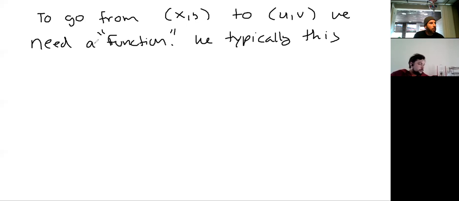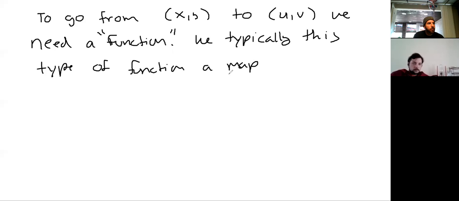So we typically call this type of function a map or a transformation. Now, why would we call it a transformation?